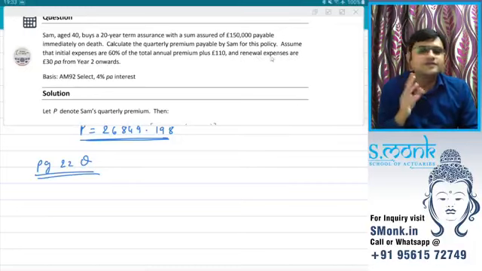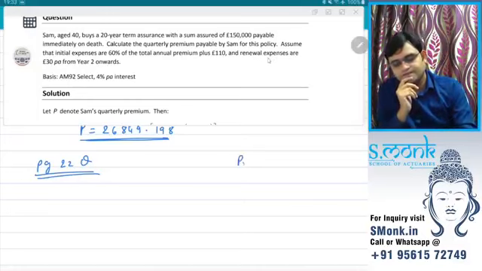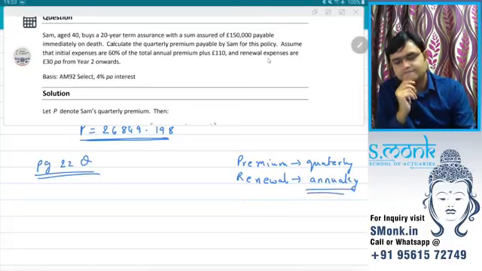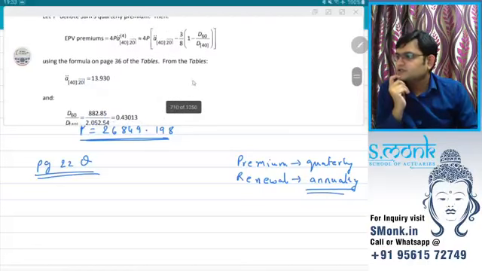Now this renewal expense, they have not related it to the premium. Even if the premium is paid quarterly, our renewal expense is paid annually in advance. Okay, let me just confirm that.